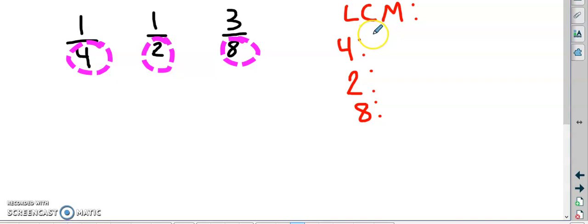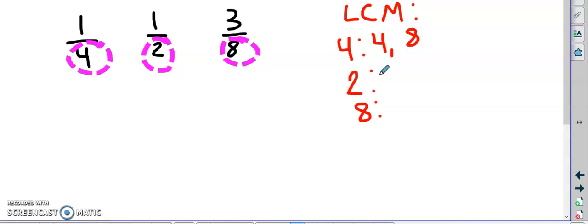Alright, so 4 common, let's start listing multiples. We have 4, we have 8. I'm going to stop there because I see something. I have an 8 here and 8 here. So I can come back to it if I need to, but if I have an 8 here, and then I know I'm listing multiples of 8, I think I'm going to stop for a minute because I don't want to have to list a whole bunch of multiples.